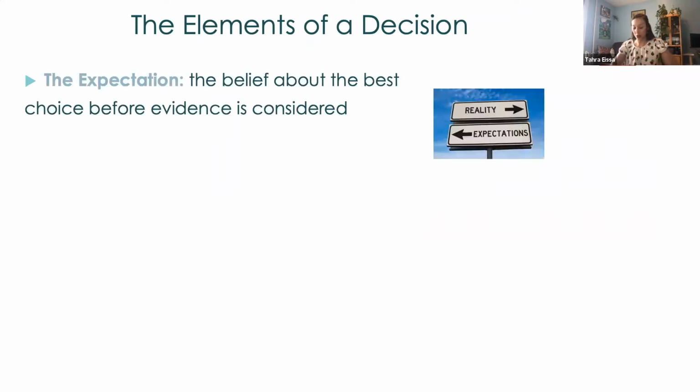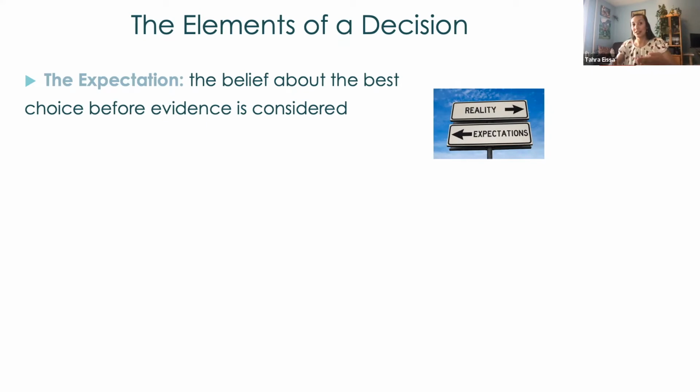The first component that we're going to consider today is going to be the expectation. And when I say expectation, we can think about this as our prior belief going in. So what do we believe to be the best choice before we even consider the evidence at hand? And just so that we're all on the same page, our expectation does not necessarily have to be the same as reality.